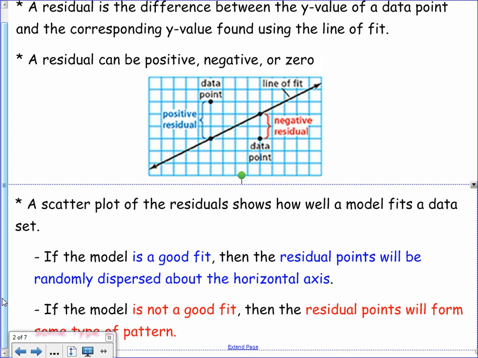If the model is not a good fit, then the residual points are going to form some type of pattern. It might be an increasing line, a decreasing line, a U shape, or an N shape. Any type of pattern, if they're not just a bunch of random points dispersed about the horizontal axis, then the model is probably not a good fit.